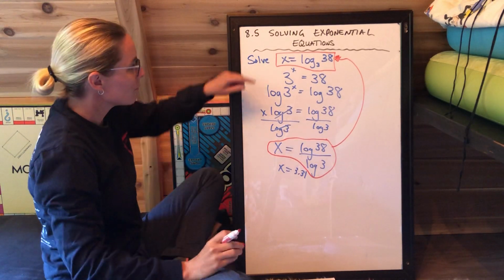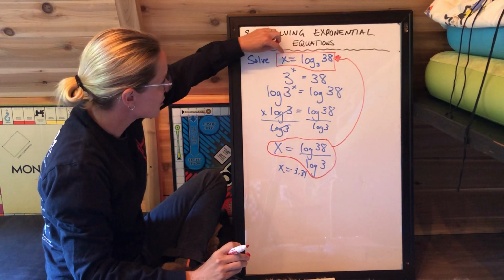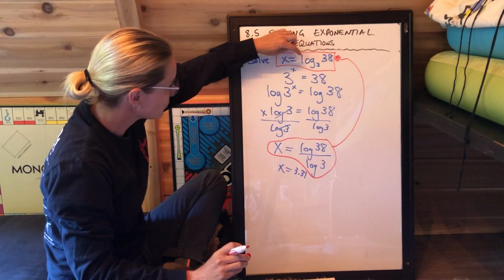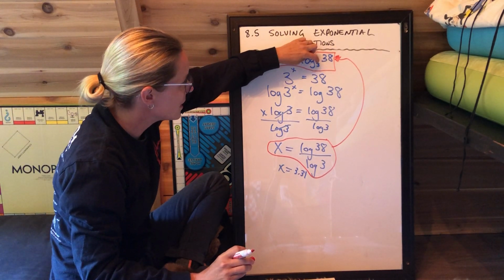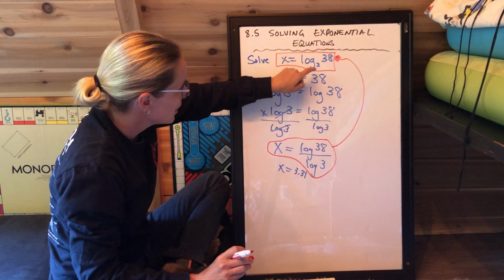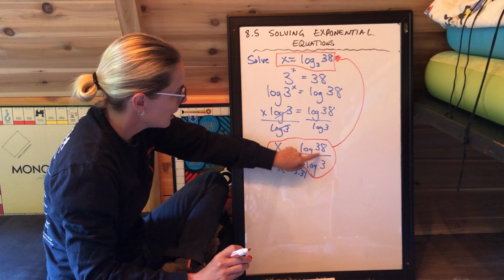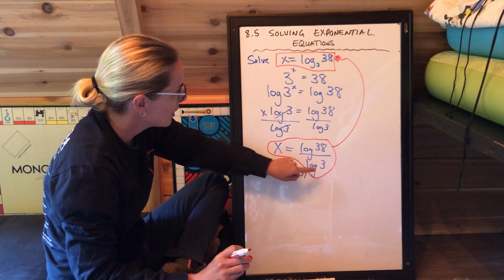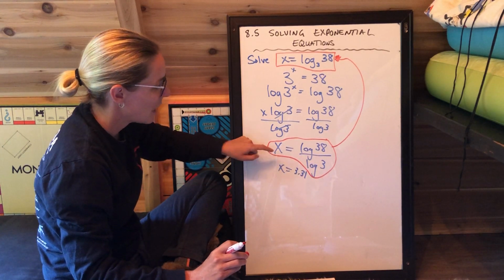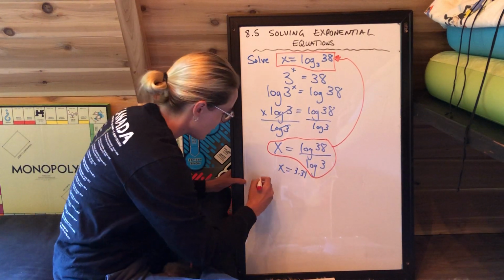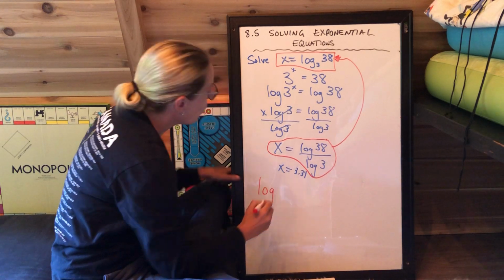Okay, I'm almost done. This and how it's related to this. So this said x equals log base 3 of 38. Now when we come down here, notice, here's the 38, here's the 3, here's the x. And this actually becomes a law. It doesn't really matter what your base is.